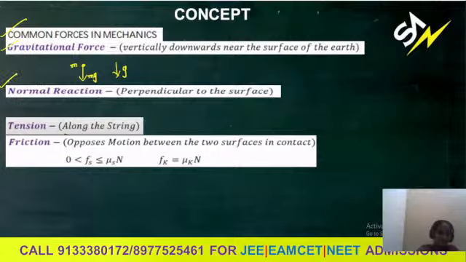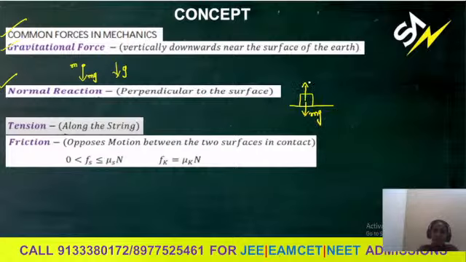The next force is the normal reaction. The normal reaction is the reaction force which acts perpendicular to the surface. Let us observe here, we are given a horizontal surface. An object is placed on the horizontal surface. Due to gravitational force, its weight acts downwards.